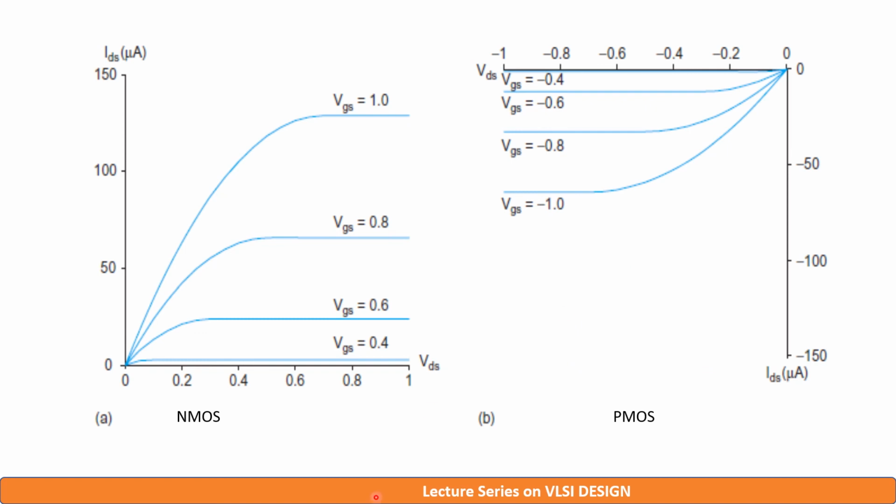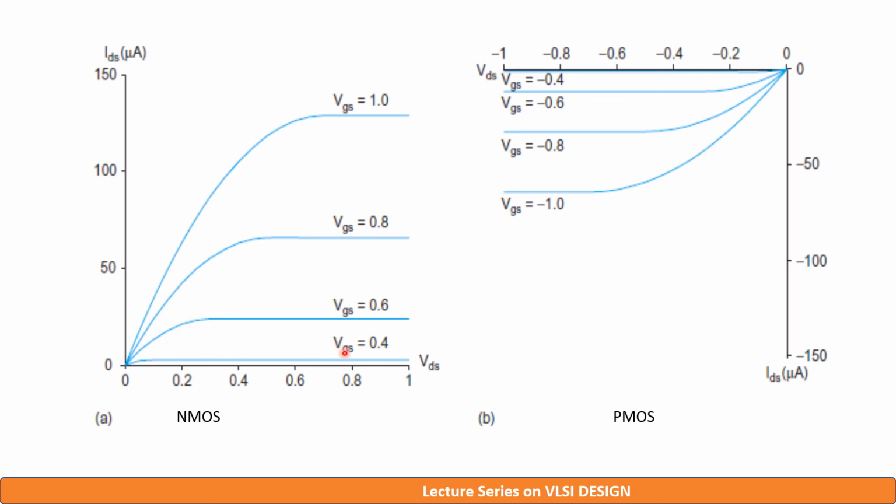So these are the characteristics of NMOS and PMOS. NMOS has a positive threshold voltage, whereas PMOS has a negative threshold voltage. So NMOS characteristics lie in the first quadrant, whereas PMOS characteristics lie in the third quadrant. As you increase Vds, current increases linearly. So this part is the linear region.